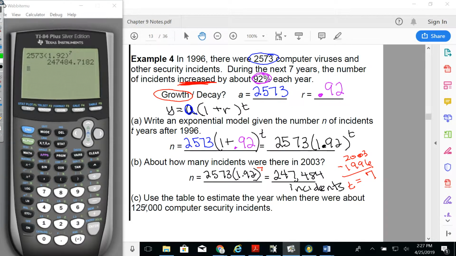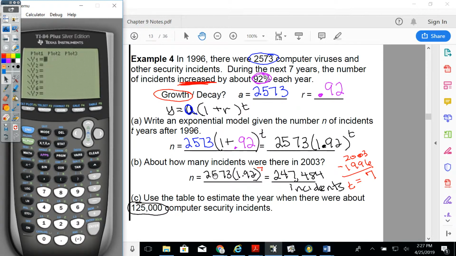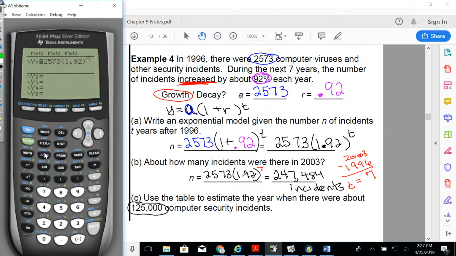All right, last one. Use the table to estimate the year when there were about 125,000 security incidences. So we take this number, and this is what we want y to be. So we're going to look at the y equals again. So in y equals, we plug in our equation, this one with the x in there, not the one with the 7. So 2573 times 1.92 to the x power. And we look at the table.